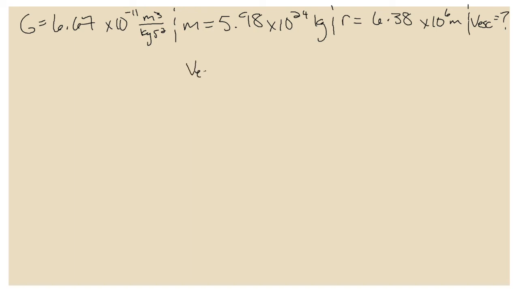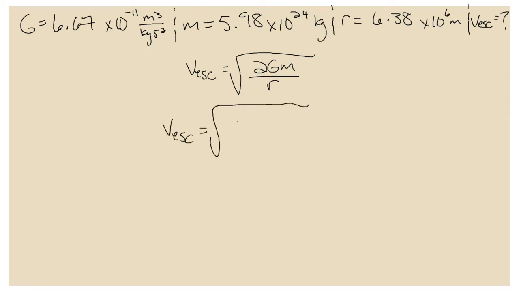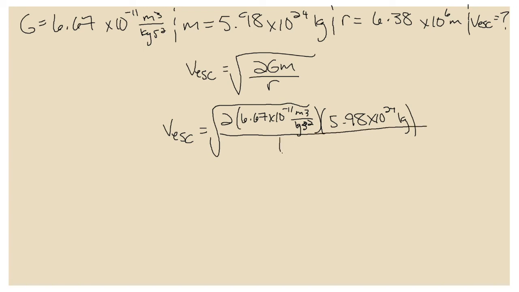So this is a pretty basic plug-in. We don't need to go too nuts about this. The equation for the escape velocity is the square root of 2GM over r. So V escape equals the square root of 2 times G, 6.67 times 10 to the negative 11 meters cubed per kilogram second squared, multiplied by the mass of the Earth, 5.98 times 10 to the 24 kilograms, divided by the distance between the centers, which happens to be the Earth's radius, 6.38 times 10 to the 6 meters.